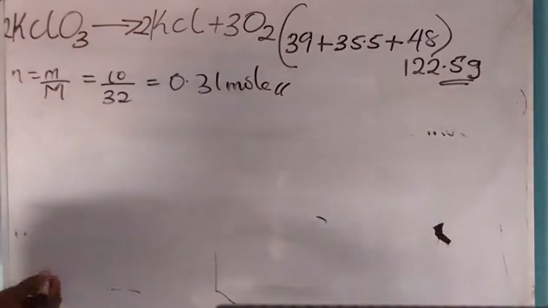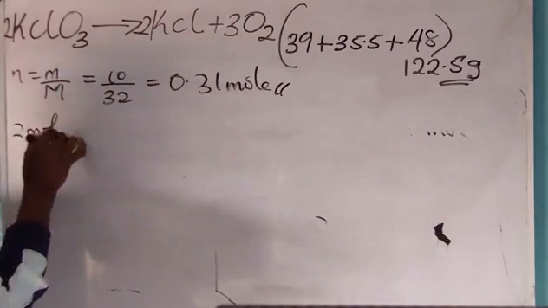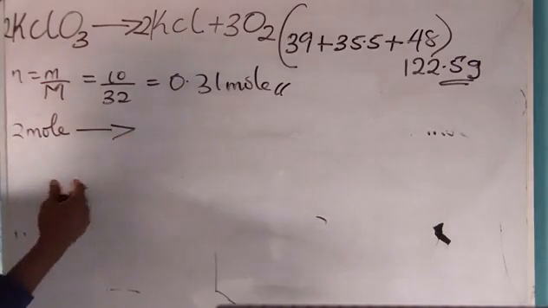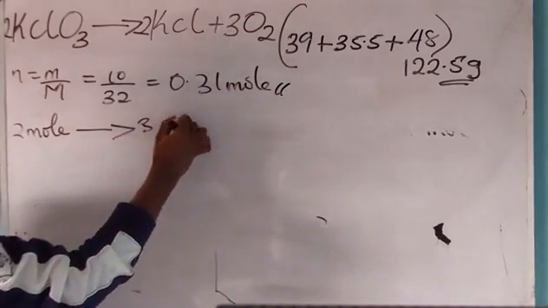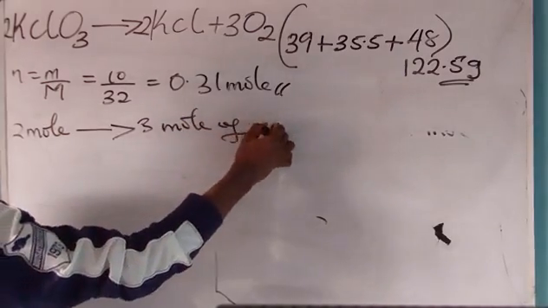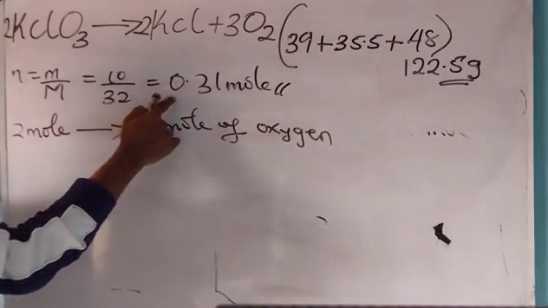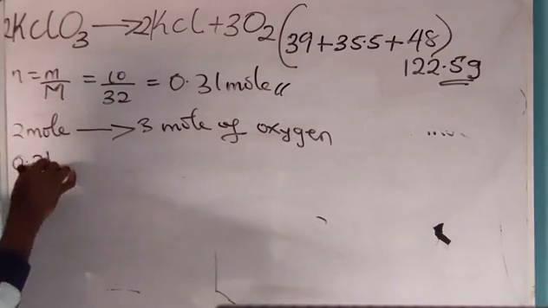Okay. Now it means that 2 moles will produce what? 3 moles of what? Oxygen. Good. So it therefore means that 0.31 mole.